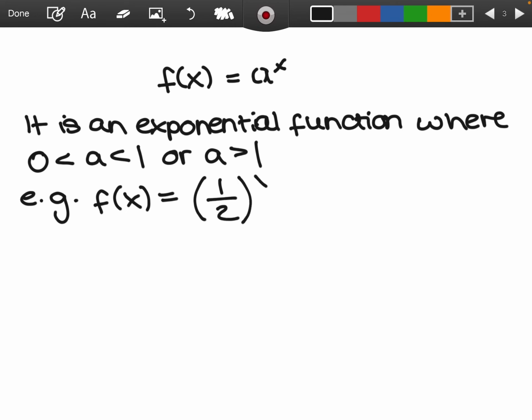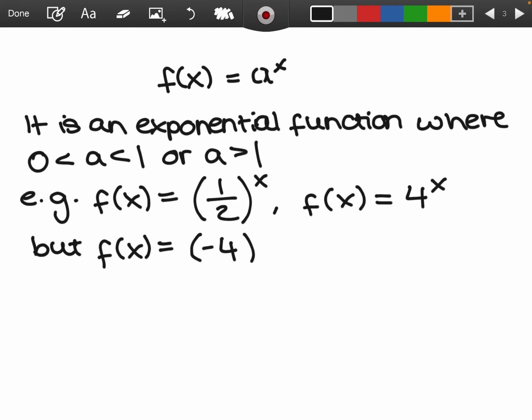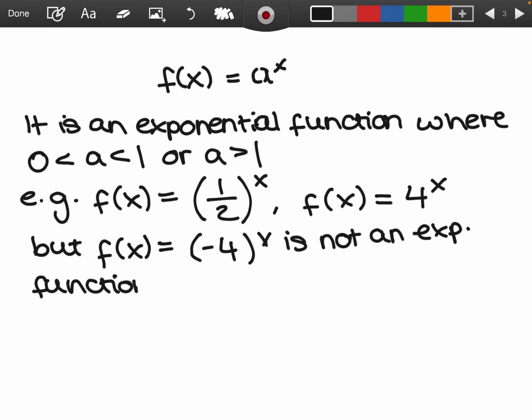So for example, f of x is equal to a half to the power x, that's an exponential function, or f of x is equal to 4 to the power x, that's an exponential function, but f of x is equal to negative 4 to the power x is not an exponential function.